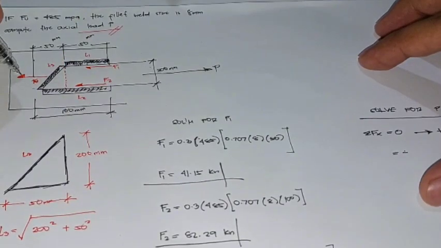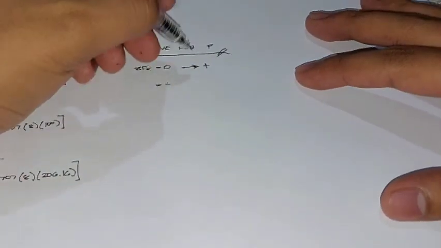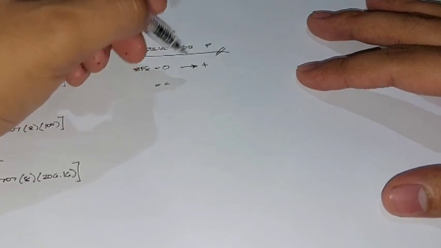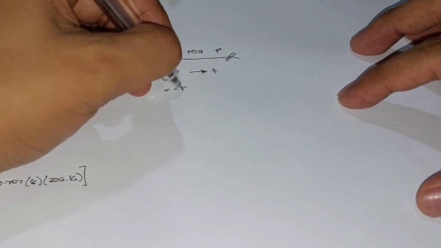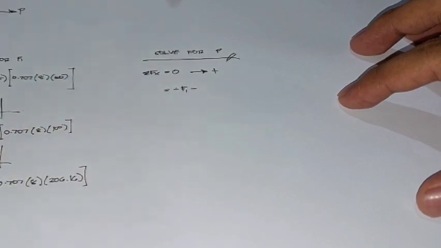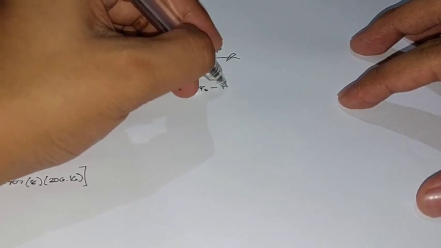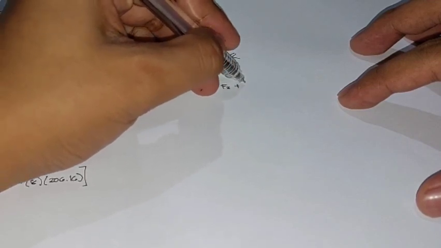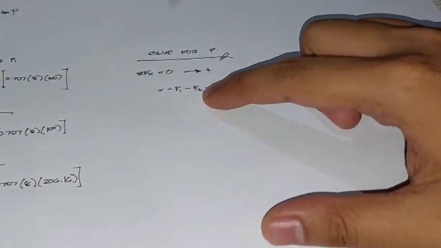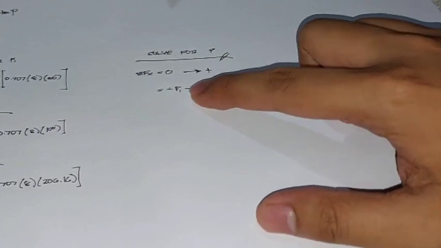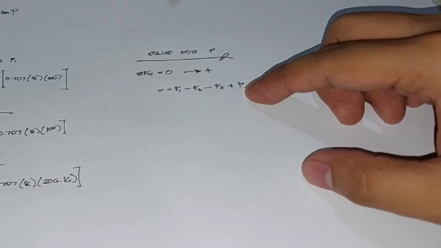F1, F2 and F3 all point to the left, so they are all negative: negative F1, negative F2, negative F3, and positive P, since it points to the right.